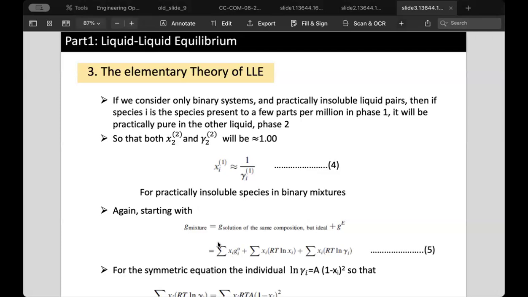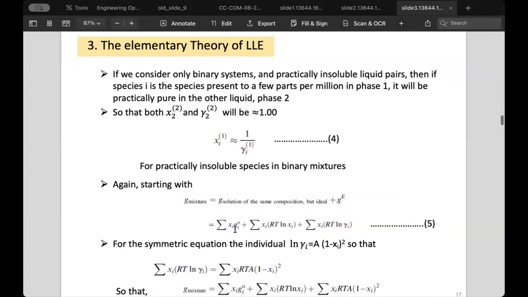Then we can write G of the mixture as the summation of x_i G_i^0, which is ideal, plus the summation of x_i RT ln x_i, plus the summation of x_i RT ln gamma_i.